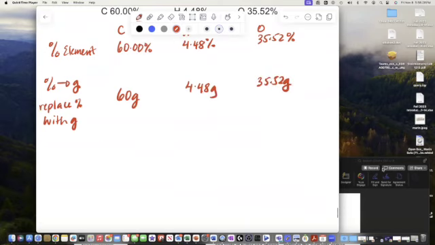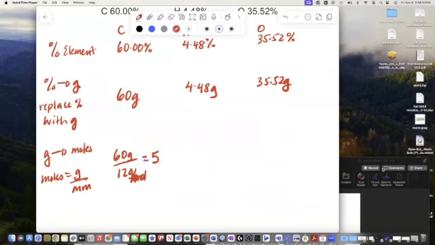The next conversion here is to go from grams to moles. From grams to moles, you use the formula moles equal grams over molar mass. Okay, so the math here is going to be 60 grams divided by carbon's molar mass, or atomic mass, which is 12 grams per mole. So that should give us, I think, 5. And then we have 4.48 grams over 1 gram per mole.